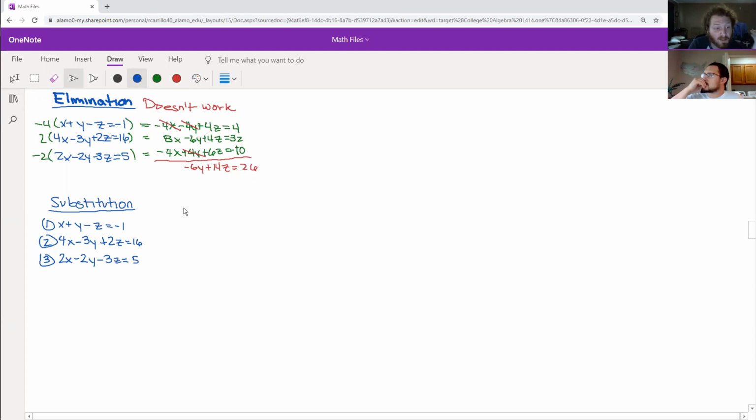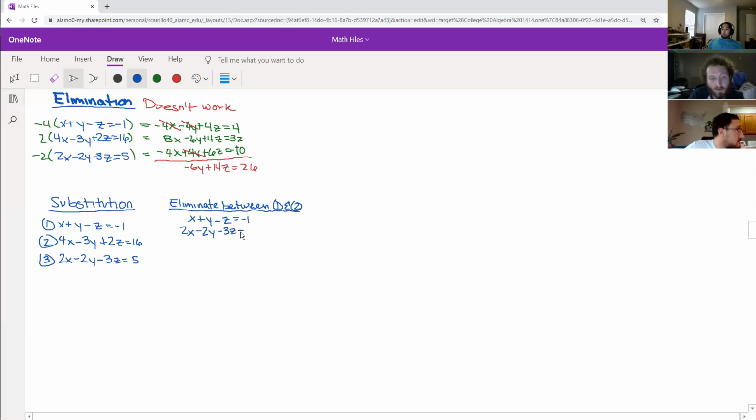So the first thing I'm going to do is I'm going to eliminate between 1 and 2, right? So I'm going to stack x plus y minus z equals -1 and 2x minus 2y minus 3z equals 5.